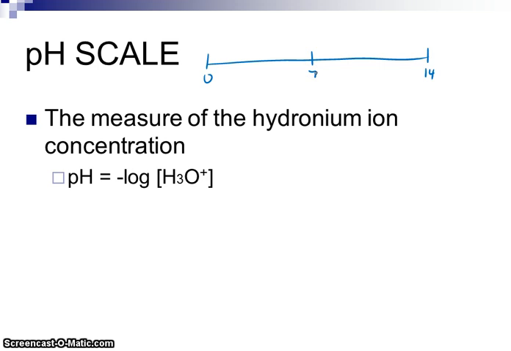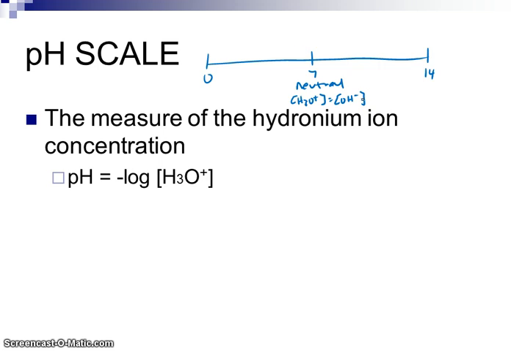If we have a solution that has a pH of 7, we're looking at a neutral solution. And by definition, what that means is the hydronium ion concentration is equal to the hydroxide ion concentration, which is equal to 1.00 times 10 to the minus 7. If we take the negative log of that, that's where that value of 7 comes from.